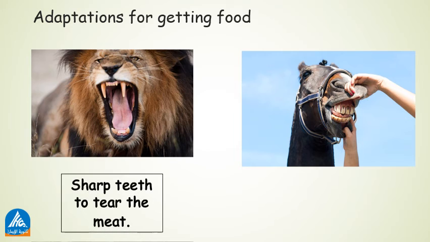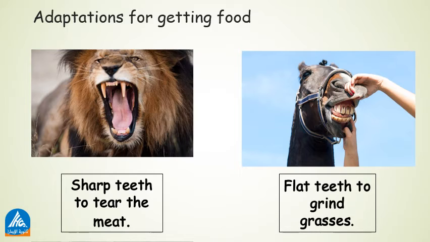So again, the lion has sharp teeth to tear the meat, while the donkey has flat teeth to grind the grasses. So this is another kind of adaptation, which is adaptations for getting food.